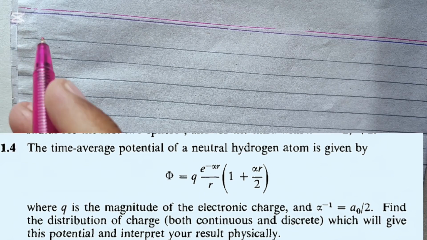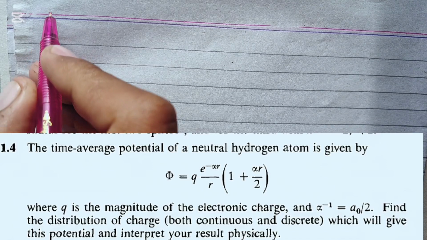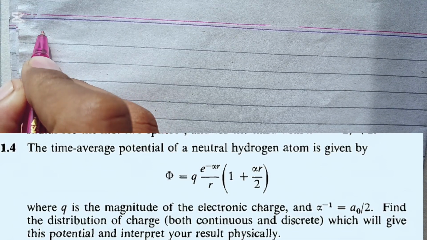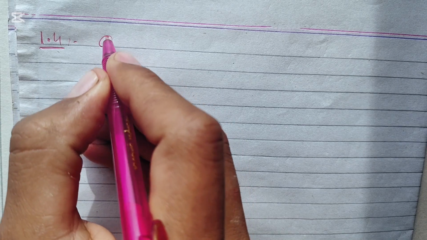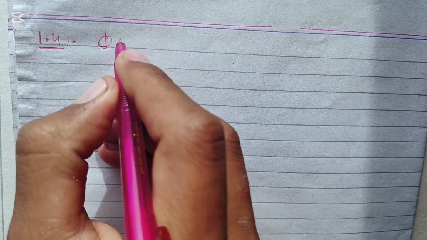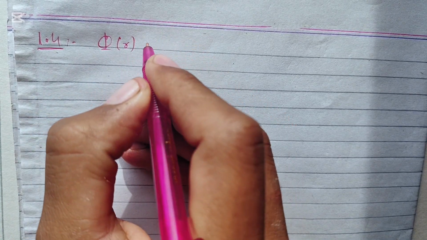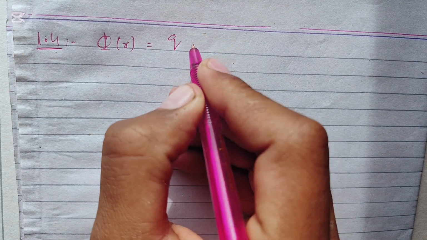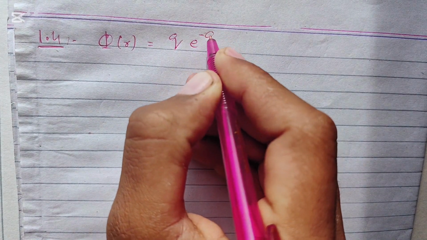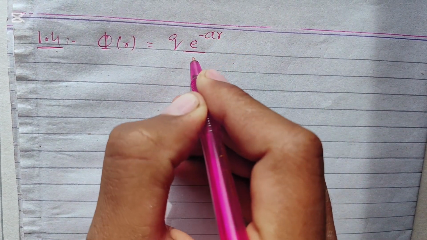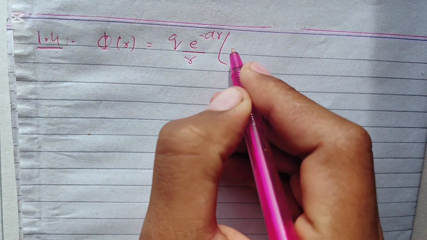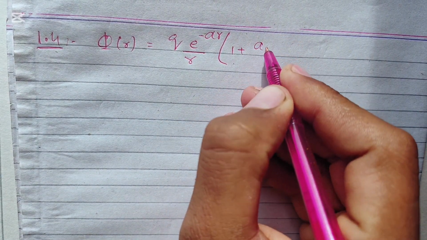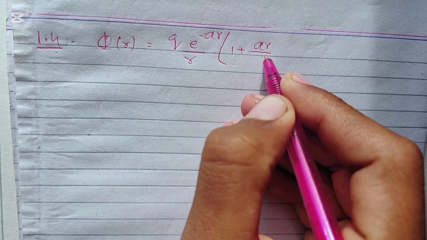So the given equation, problem number 1.4, is phi equals q e^(-alpha r) divided by r, into 1 plus alpha r divided by 2.